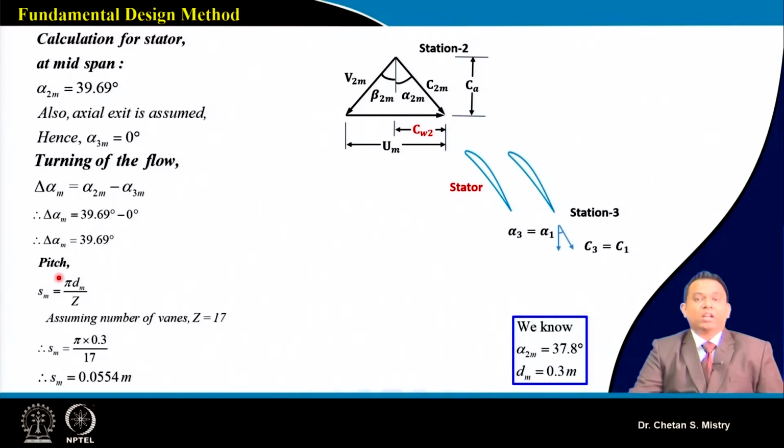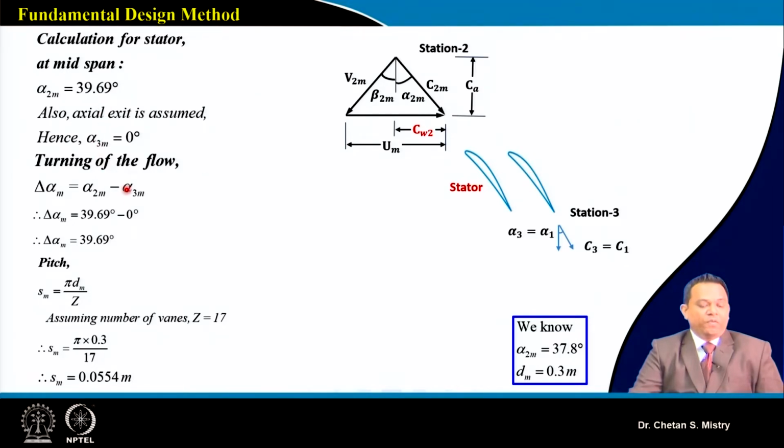For the stator, what we have learned for the stage configuration, rotor-stator combination, is that we are assuming the absolute velocity coming out from the rotor is equal to the absolute velocity at the entry of my stator. So we can say my alpha 2 coming out from the rotor will be the entry for my stator.